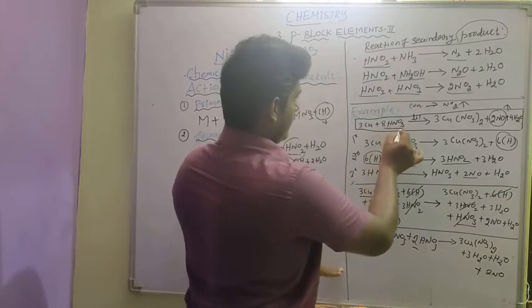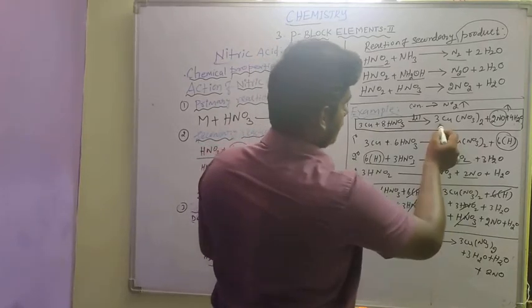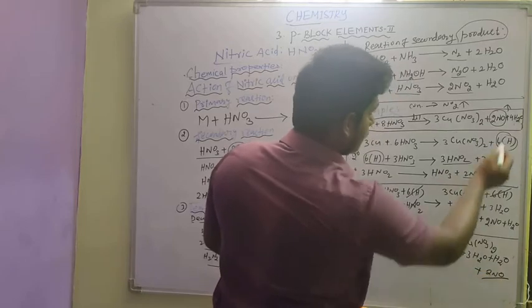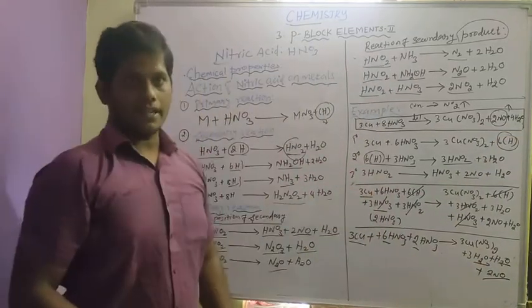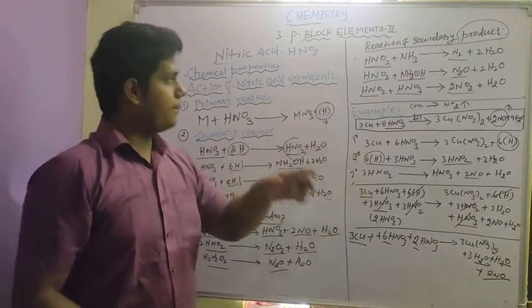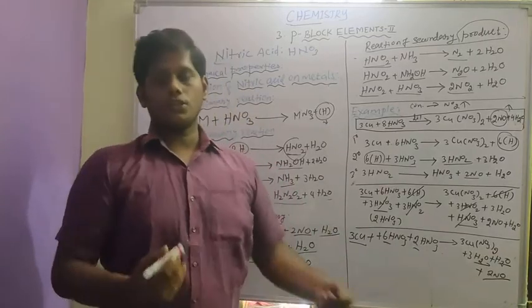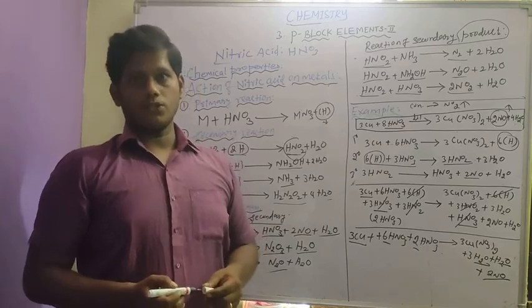So 8 nitric acid, 3 copper, also copper nitrate, 3 Cu(NO3)2, and 2 NO is obtained, and 4 H2O, 3 plus 1, 4 H2O. It is the overall reaction, that's all. Okay, so this is an example of copper reacting with nitric acid. Another example, magnesium reacting with nitric acid, you do. Okay, students, thank you.